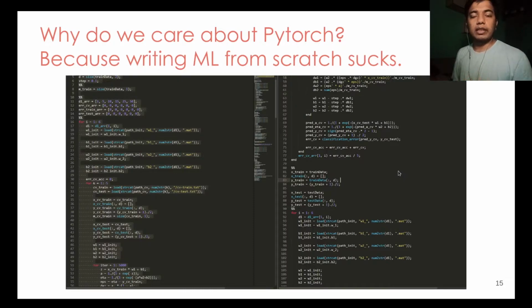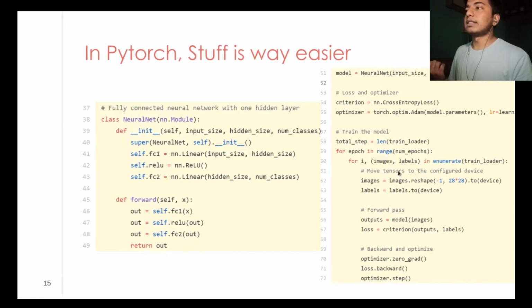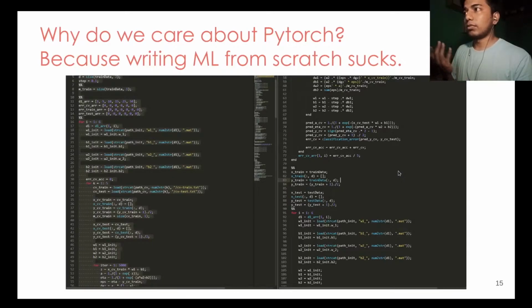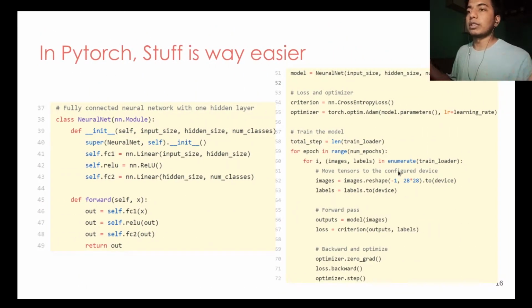That's why we need these frameworks which do the gradient based updates and the auto differentiation, so we can stay away from those things and actually work on the applications that we want to develop. That's why. As you can see, the same code for a neural network is converted to PyTorch in these lines, and that's it.